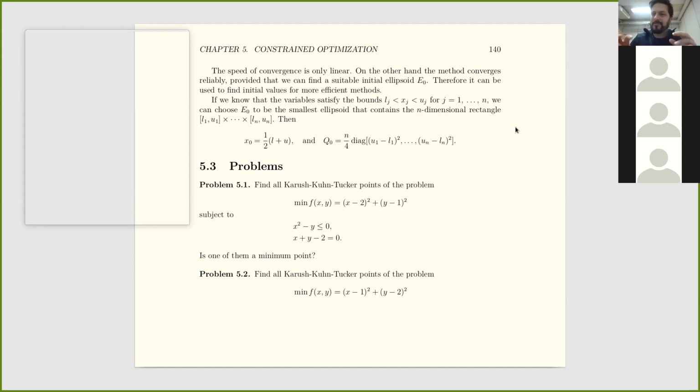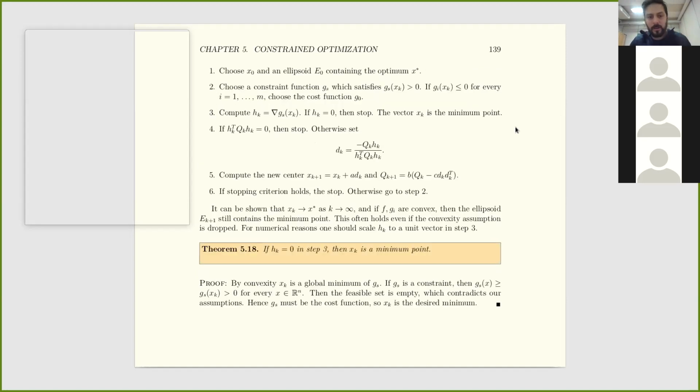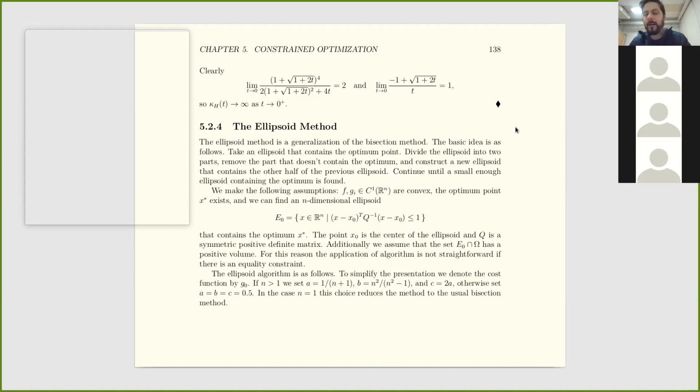It's not fast, especially, you know, the smaller the ellipsoid gets, the smaller the incremental change. If you look at the gradient, remember that the A parameter, which is the step length, gets smaller and smaller, and this B, the scaling factor here, becomes closer and closer to 1, and also the C scaling factor is proportional to our step length.